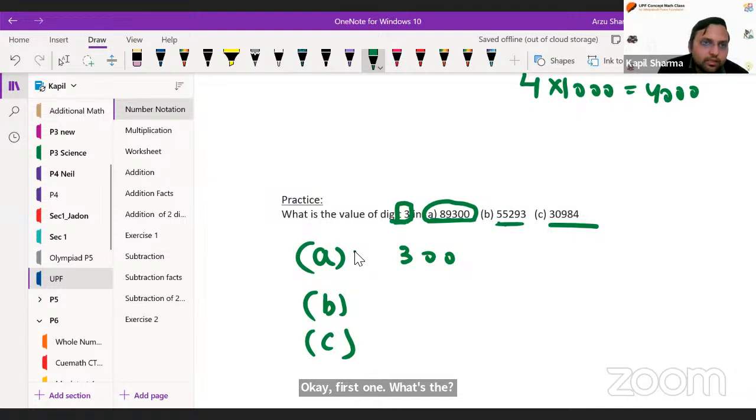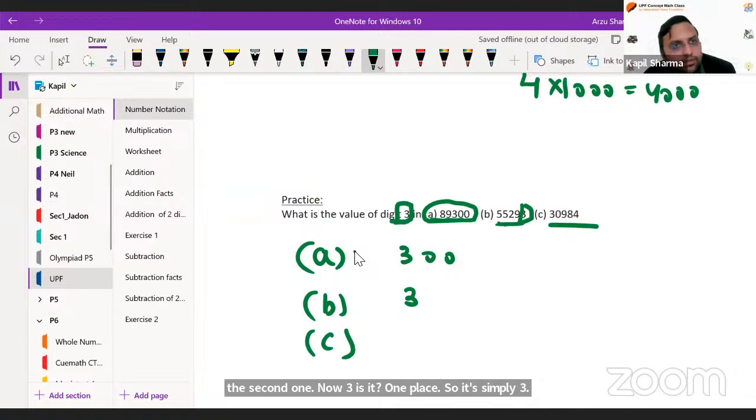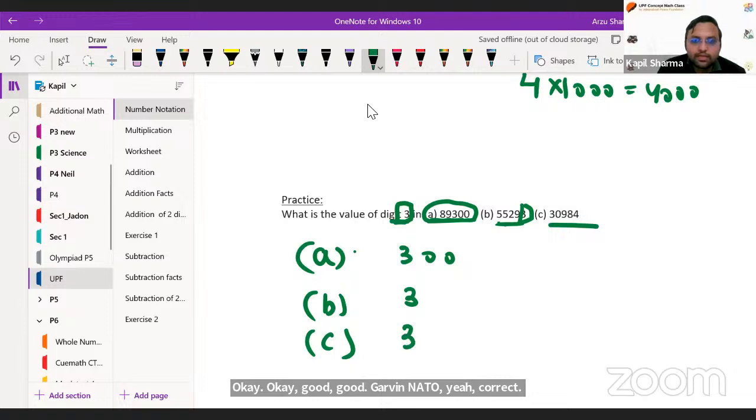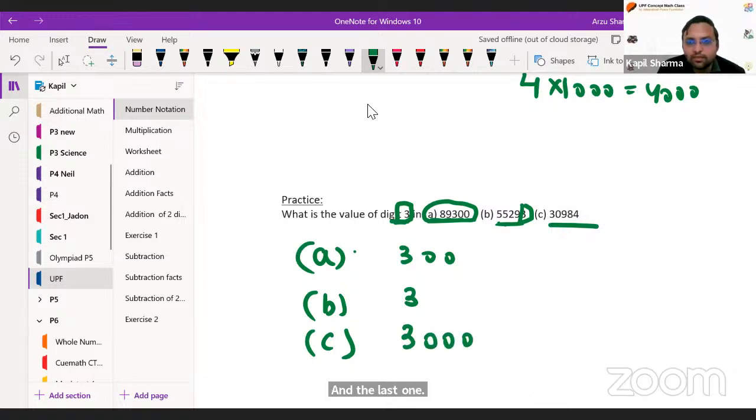Correct. Now the second one, 3 is at ones place, so it's simply 3. Good. Neetu, correct. And the last one, it's 30,000: ones, tens, hundreds, thousand, and 10,000.